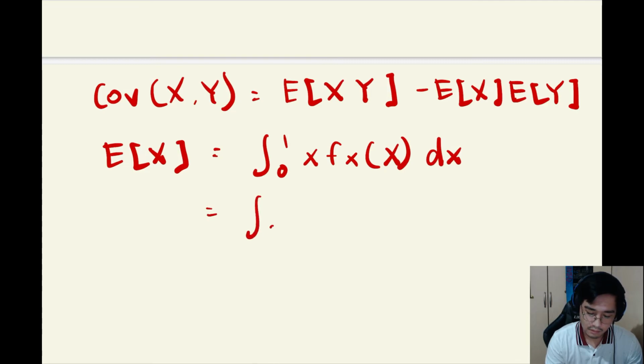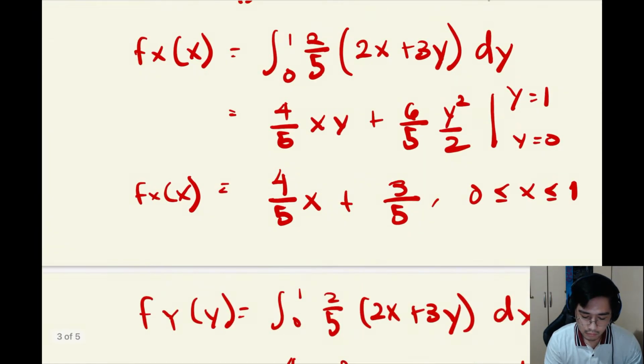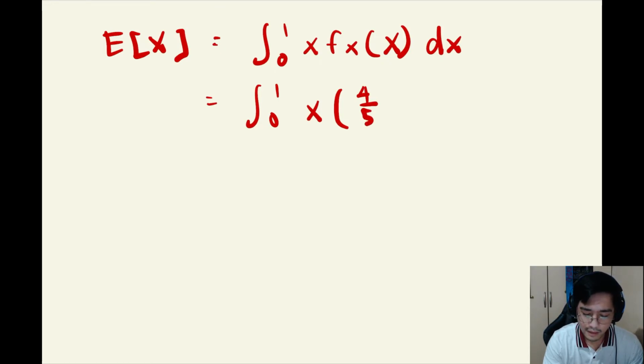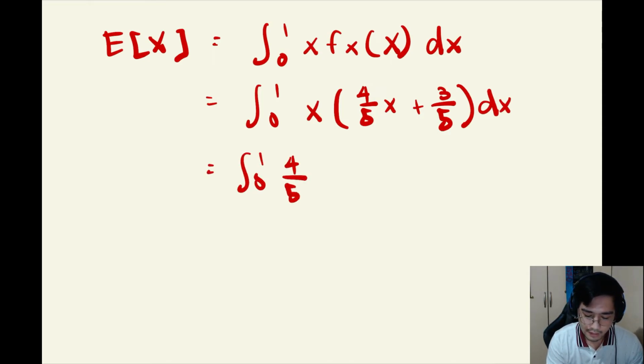The marginal PDF of x is 4/5 x + 3/5, so we integrate 4/5 x squared + 3/5 x dx.